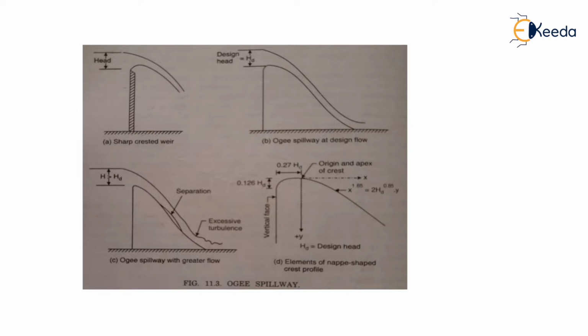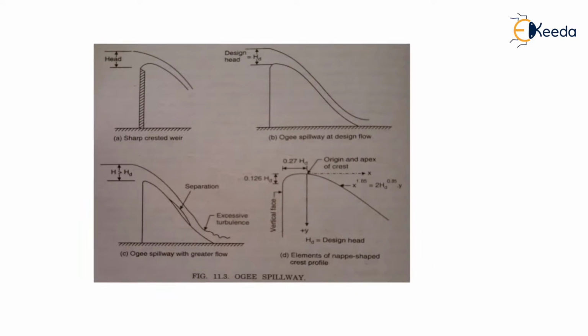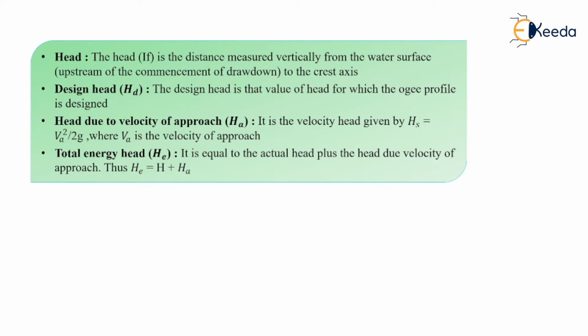Now let's see the third head, that is the head due to the velocity of approach, denoted by HA. It is the velocity head. When the surplus amount of water flows, it carries a tremendous amount of kinetic energy.